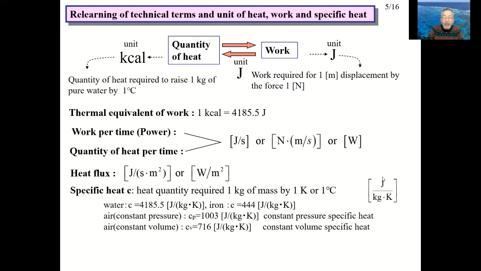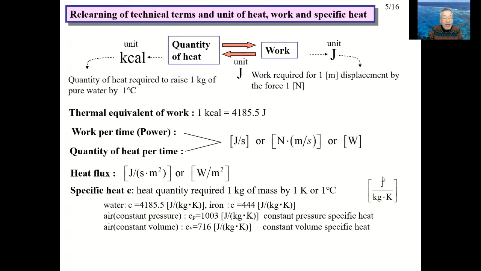In the case of a gas, such as air, the specific heat differs depending on whether the temperature is raised with constant pressure or with constant volume. The specific heat with constant pressure is called constant pressure specific heat, and the specific heat with constant volume is called constant volume specific heat.